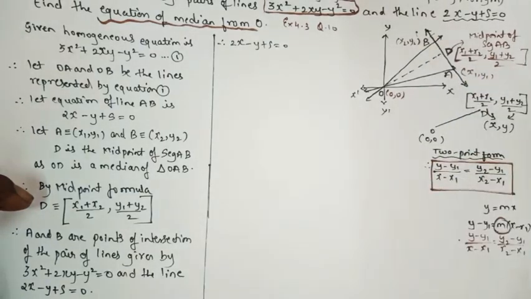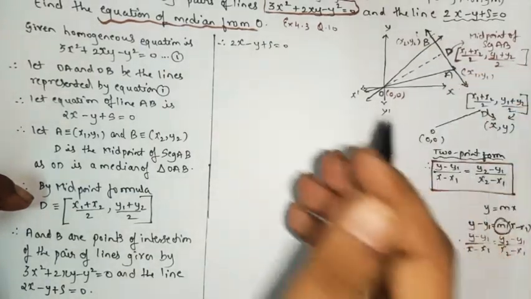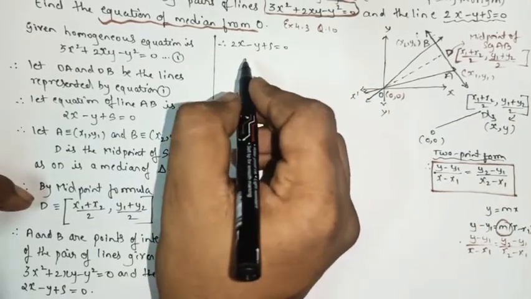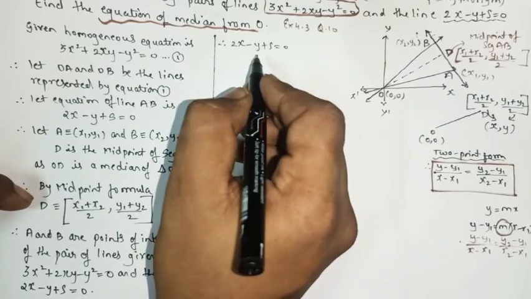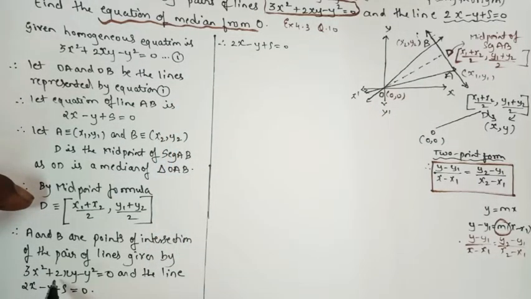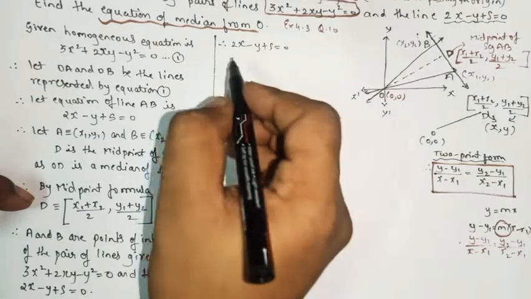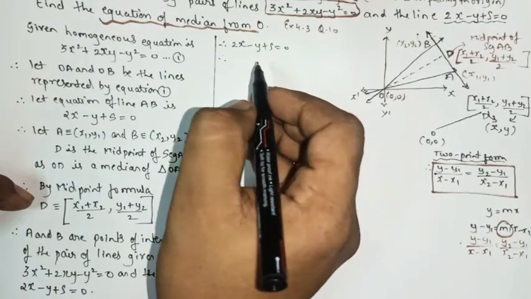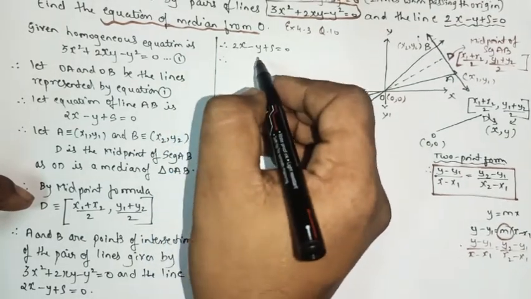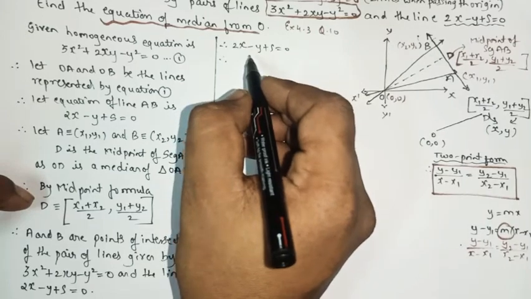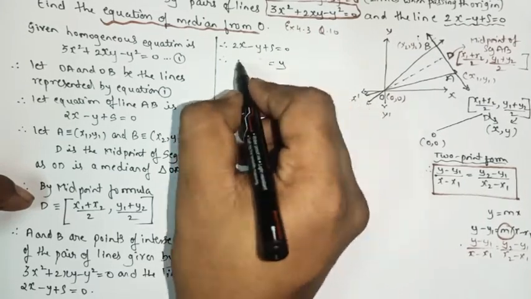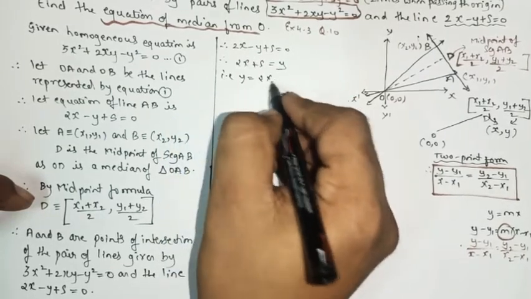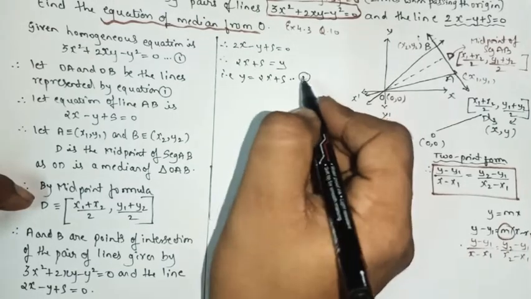So whenever a line intersects another line, we can arrange the equation in such a way that you get the value of x and y, and substitute that in the second equation. So here we'll make a value of y: y is equals to 2x plus 5. We'll give this as equation number 2.